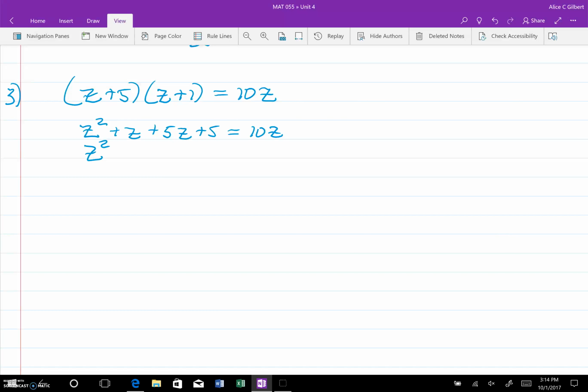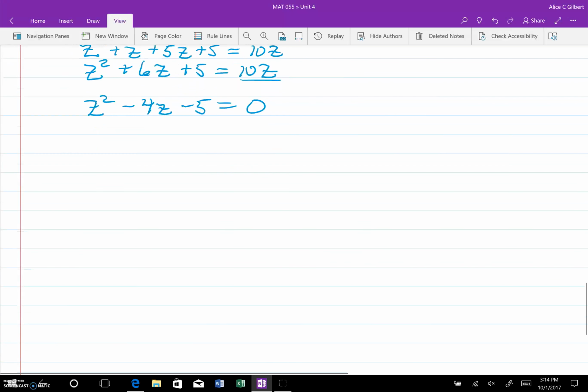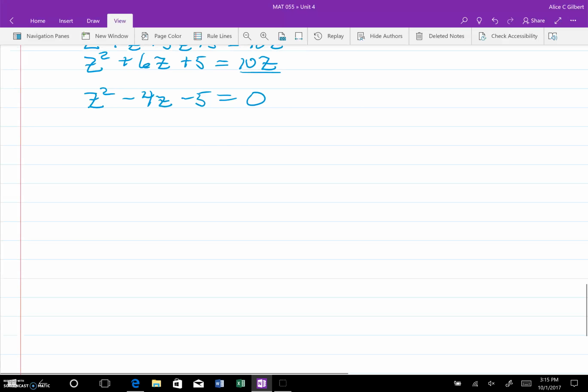Now I'm going to combine my like terms. Plus 5 equals 10z. I'm going to take the 10z and put it on the other side. So I get z squared minus 4z, because that's negative 10z plus 6z gives me negative 4z, plus 5 equals 0. Now it's in standard form and I can decide which method I want to use.